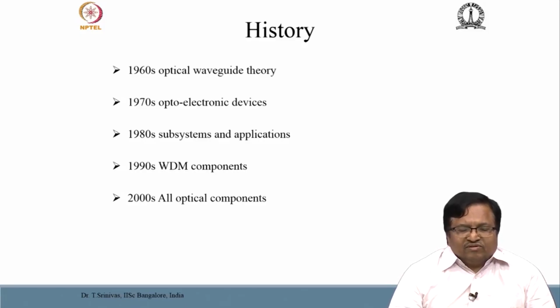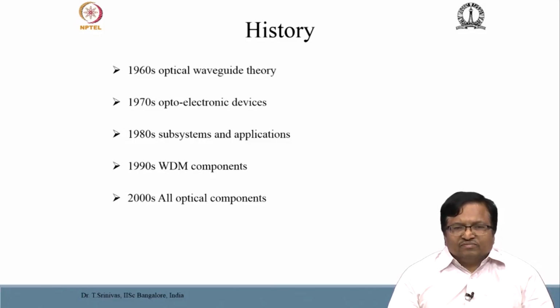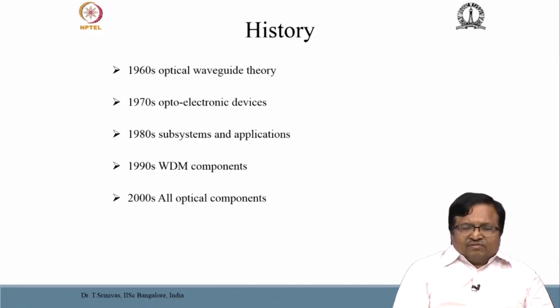Then you can say that the 1970s is the era of optoelectronic devices, where all these principles were translated onto semiconductor devices, creating many new devices like very miniaturized lasers and optoelectronic modulators and so on. The 1980s is the era of implementation leading to launching of subsystems and many applications. During the 90s we can say is the development of WDM.